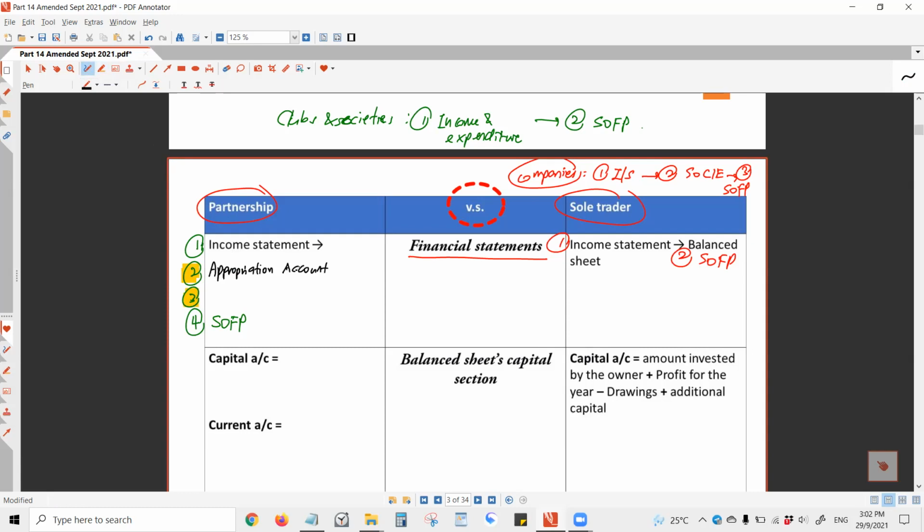I know, usually when we use the word account, it's a T-shape, right? But sometimes you don't see it as a T-shape. An appropriation account is an example. You don't see it as a T-shape. It's like an income statement, a list of items. Later we will see.